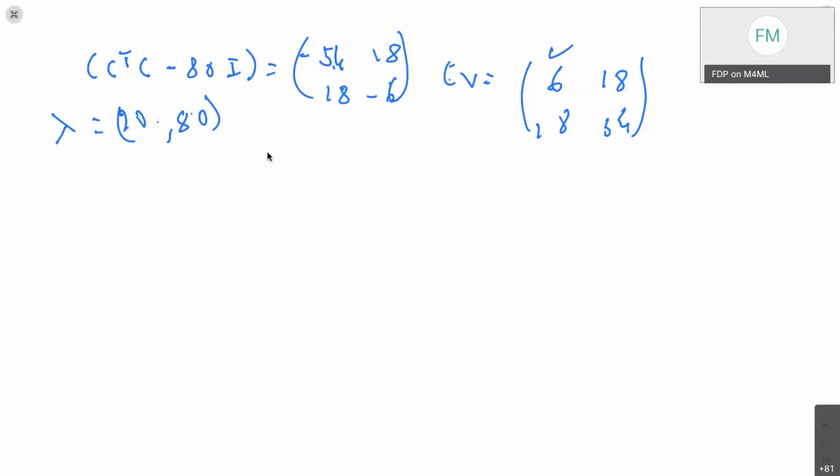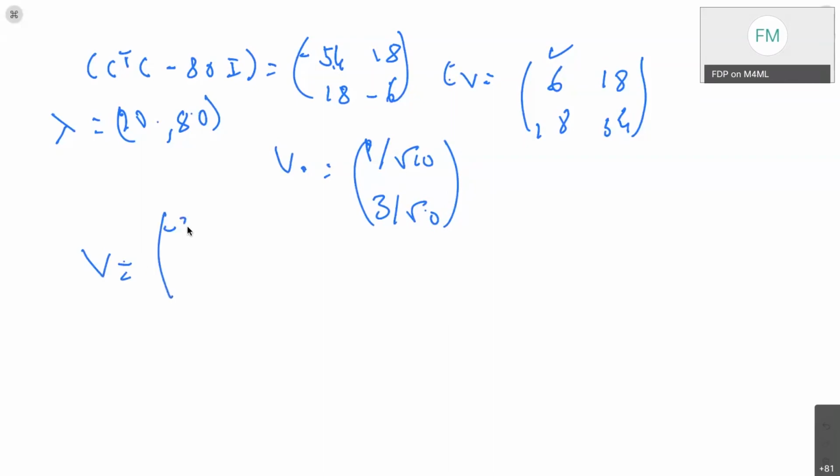Okay, so I straight away write V2 will be 1 over root 10 and 3 over root 10. Now finally we have the matrix V as minus 3 by root 10, 1 over root 10, and 1 over root 10, 3 over root 10.